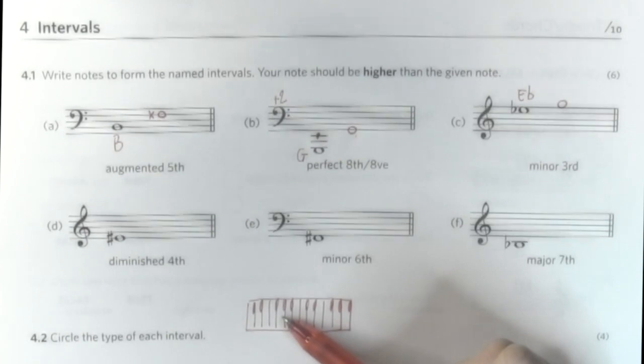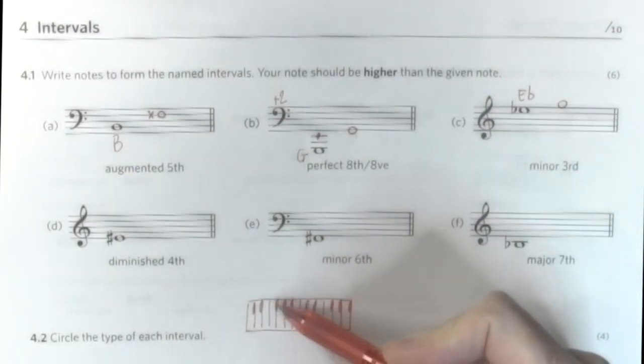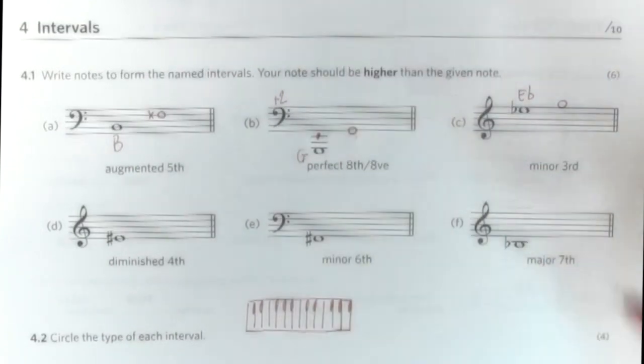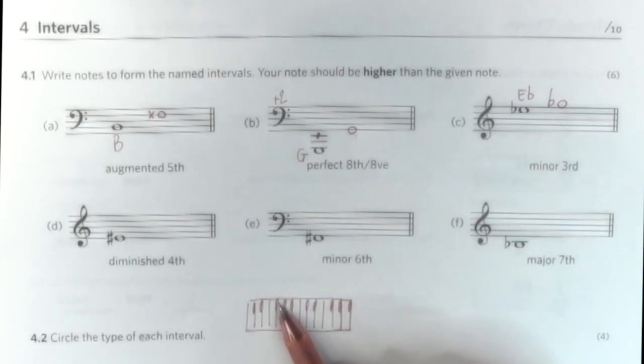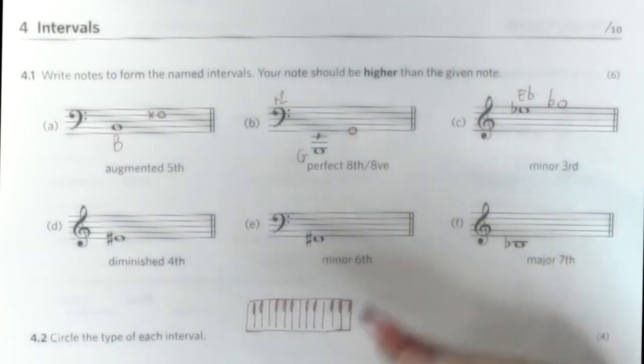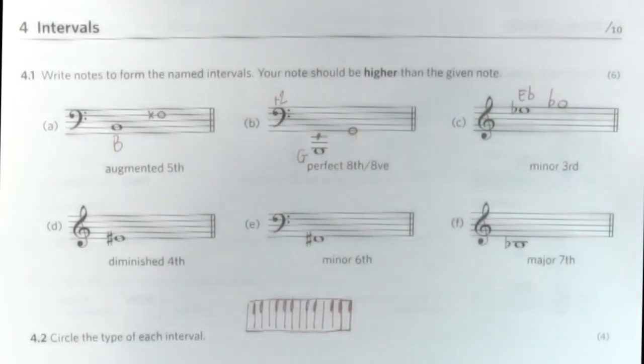To make it minor, we need to shorten the distance. So from sol, we make it sol flat. You understand now why we need to call this sol and not fa sharp. It's because if you call it Fa, it would be a second. Augmented, whatever you like, but it's a second. We need it to be a third.